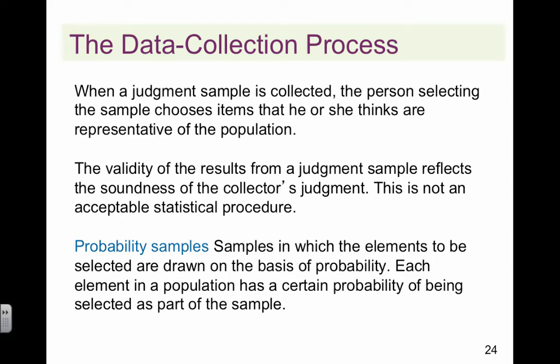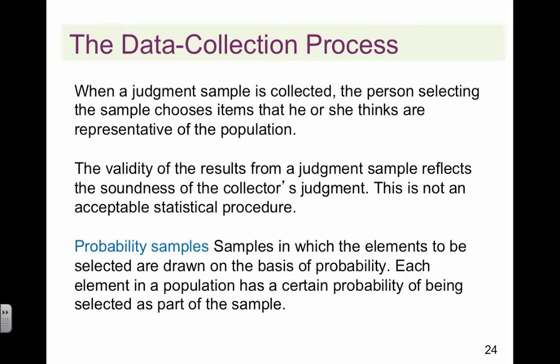So, when you pick a judgment sample, the person selecting the sample chooses things they think are representative. That would be like me going through the room and picking 3 people and saying, I think you best represent the population. But that depends entirely on my judgment, and it's not really a valid statistical procedure, because I can't know about the population when I'm picking my sample.